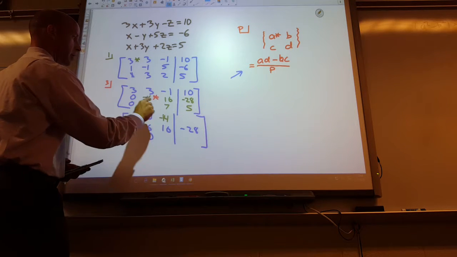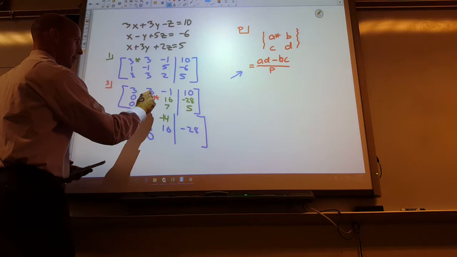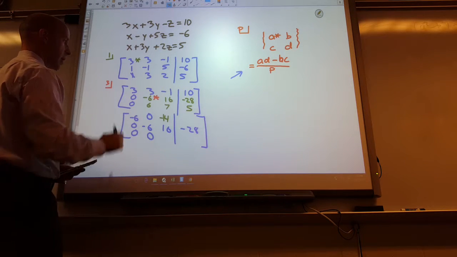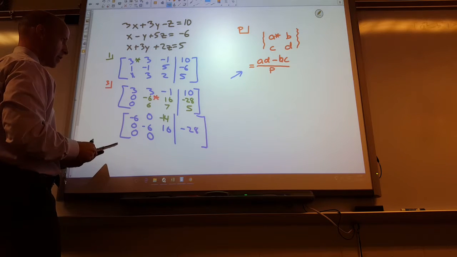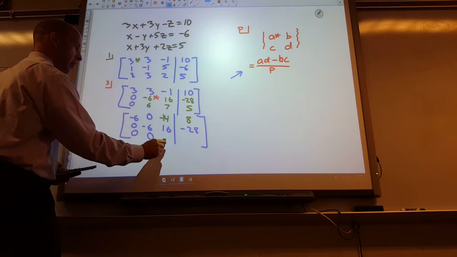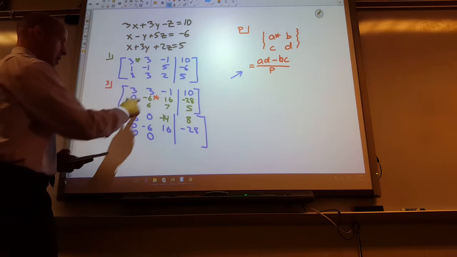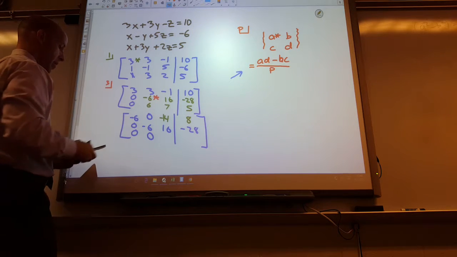This number here is going to be negative 6 times 10 minus 3 times negative 28 divided by 3. Please note that I am dividing by 3 on these because that is my previous pivot. And I get 8. To get this number down here, I'm going to do negative 6 times 7 minus 16 times 6 divided by 3.